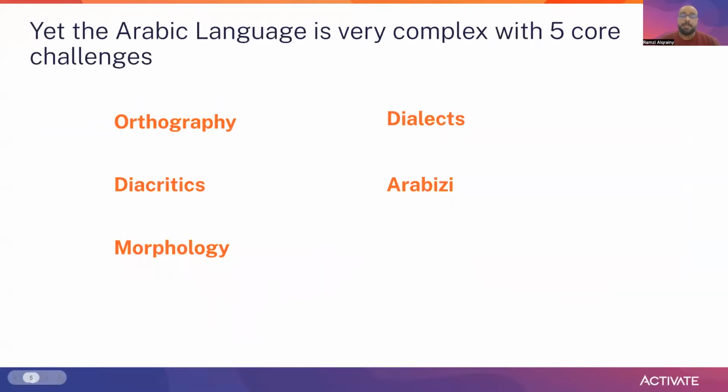The Arabic language poses many challenges for retrieval when dealing with social media, such as microblogs and informal web content, such as discussions and forums. These complications relate to the use of text decoration, abbreviation, and other challenges. I can group these into 5 challenges: orthography, diacritics, morphology, dialects, and Arabici.